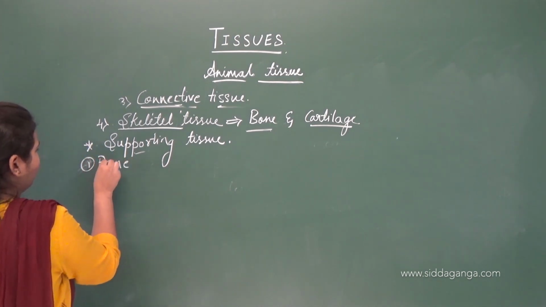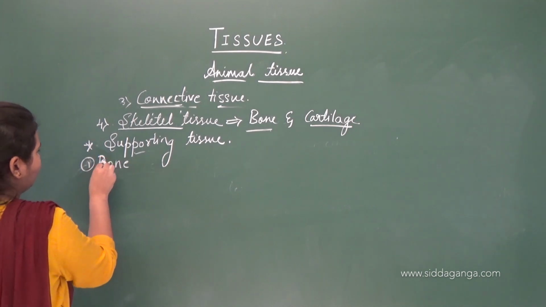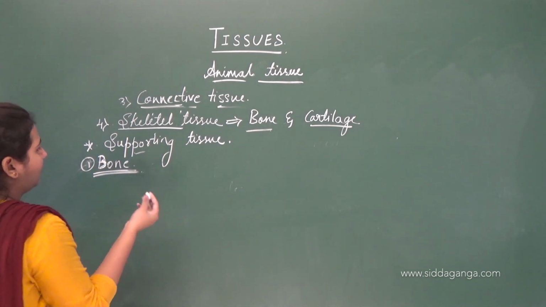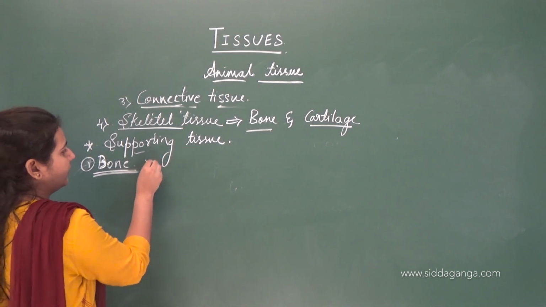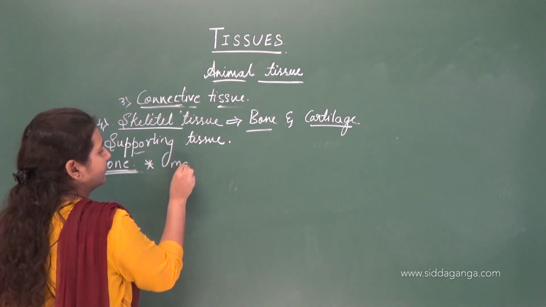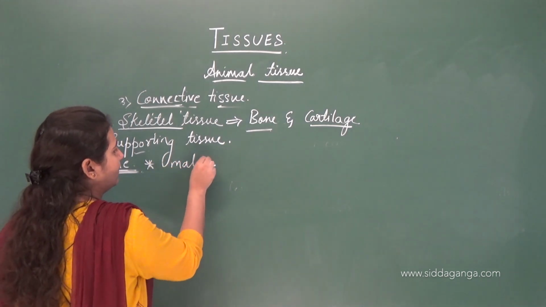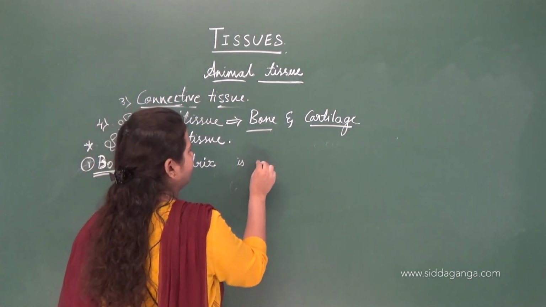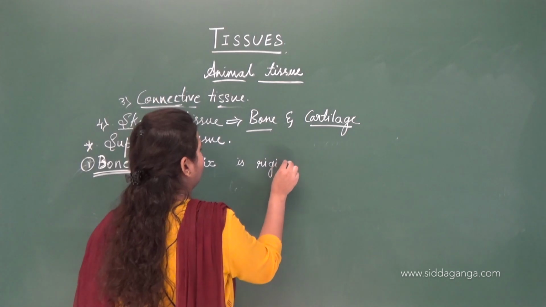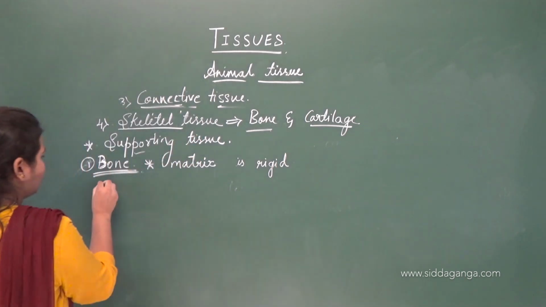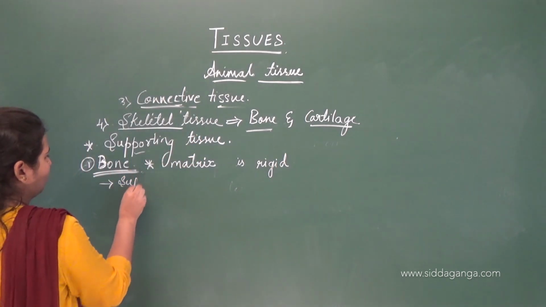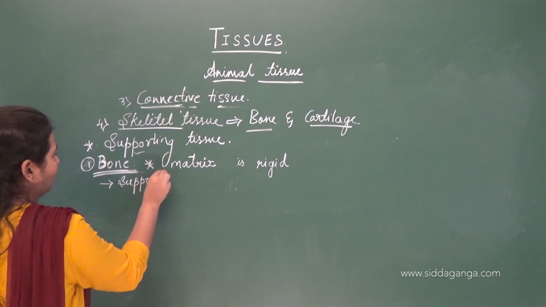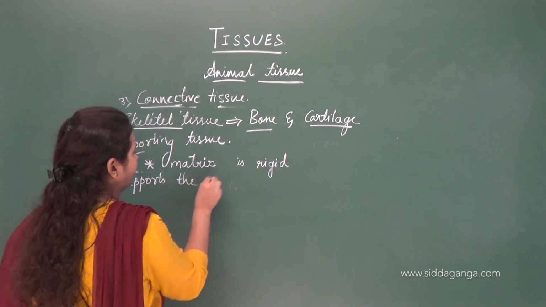Now let us study them one by one. First let us study a very important tissue, that is bone. Bone is nothing but a tissue in which the matrix, the medium I told you about earlier in connective tissue, is rigid. So it supports the organs.